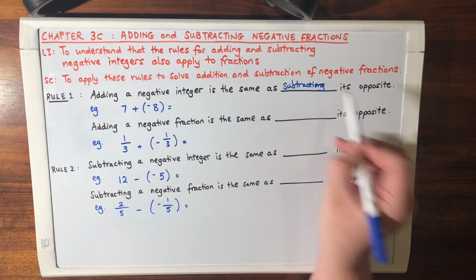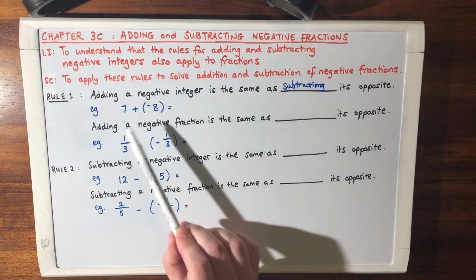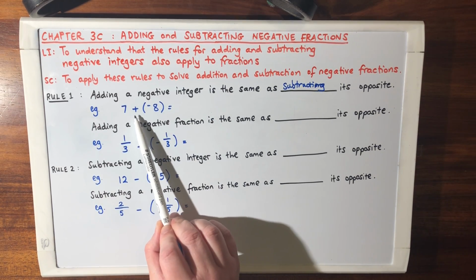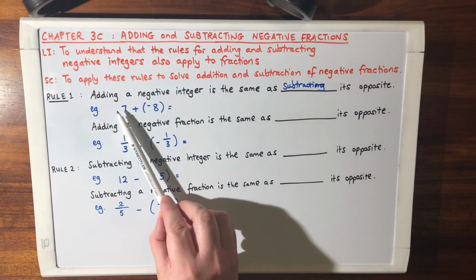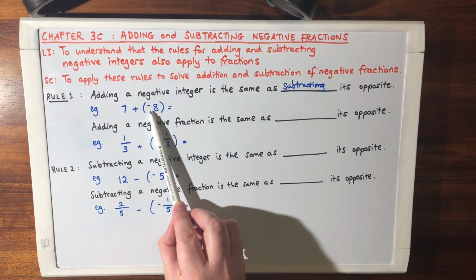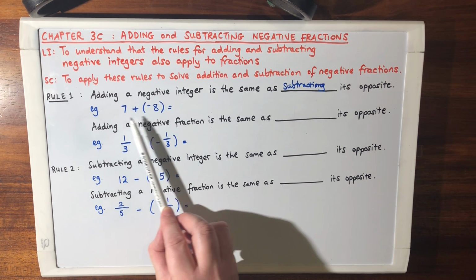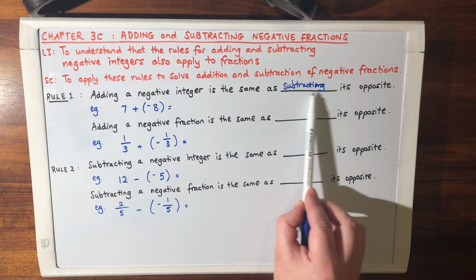Subtracting its opposite. So in this example, we have our whole integers here. We've got 7 plus negative 8 equals what? So if we look at our rule, we have adding a negative integer. We're adding a negative integer. The negative integer here is negative 8. So 7 plus negative 8. The rule says that we need to subtract its opposite.